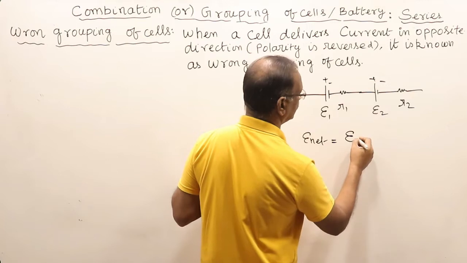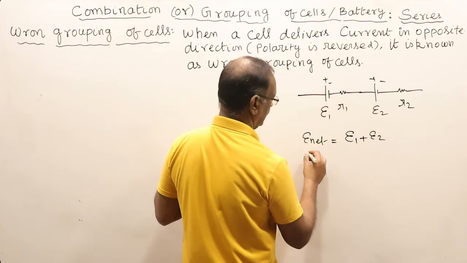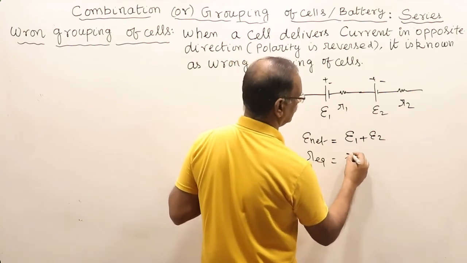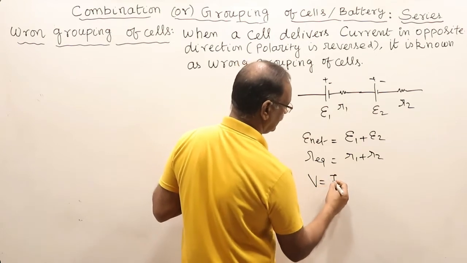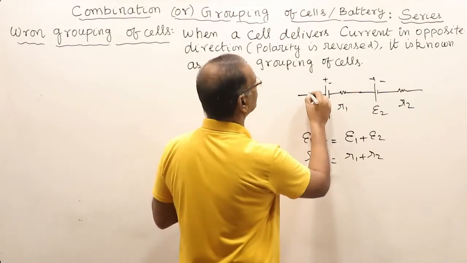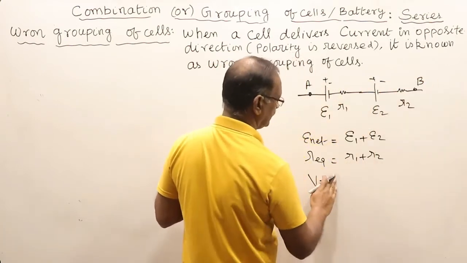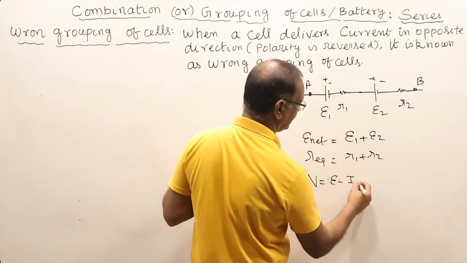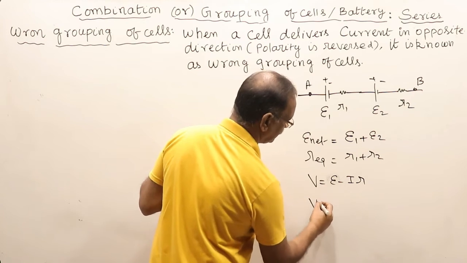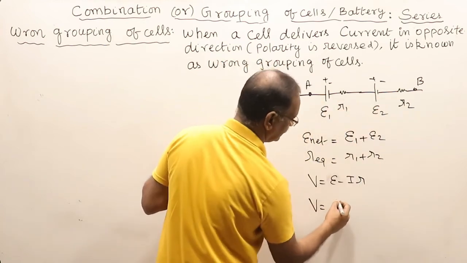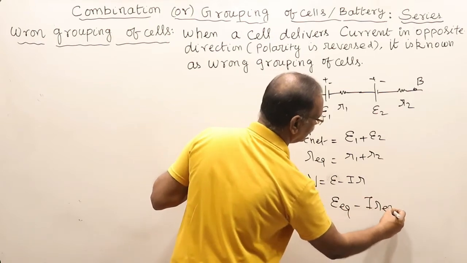The net EMF of this combination is E1 plus E2. R equivalent is R1 plus R2, and the terminal potential difference between point A and point B is V equal to E minus I into R. For the series combination, the terminal potential between A and B is E equivalent minus I into R equivalent.